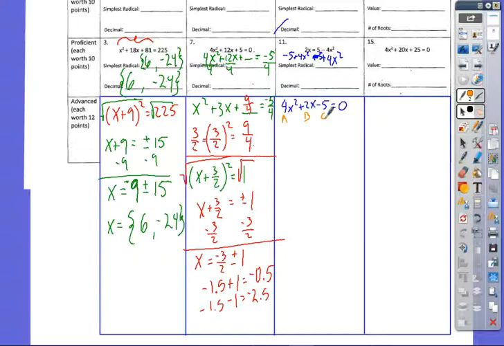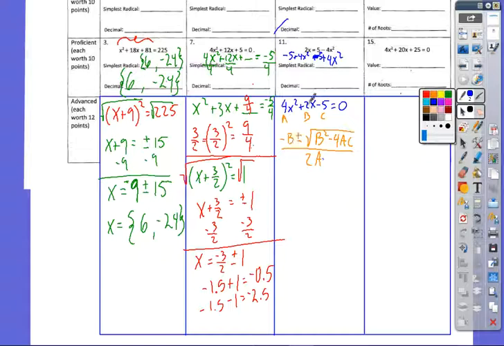And the quadratic formula is negative b plus or minus the square root of b squared minus 4ac, all over 2a. X equals... All right, so here we go.